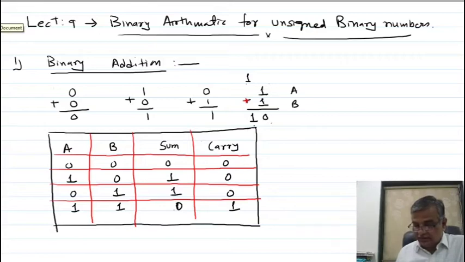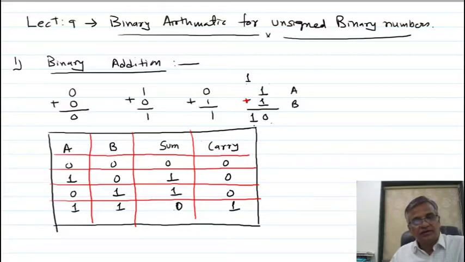The addition of binary numbers is exactly similar to the addition of decimal numbers. This is the rule for the addition of 2 bits, A and B. Suppose you have more than 1 bit, then what is the way to do it?